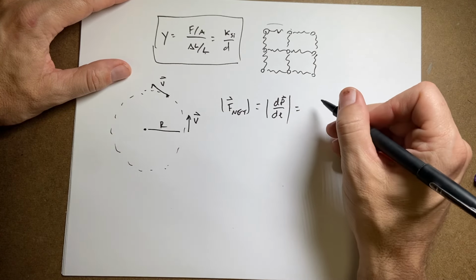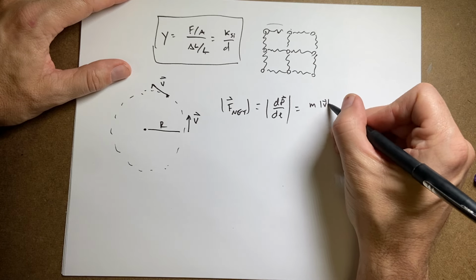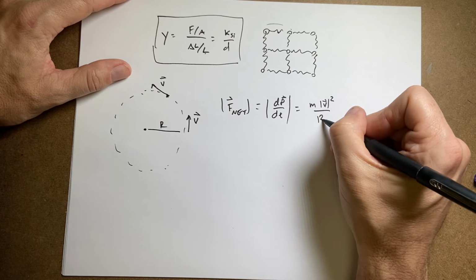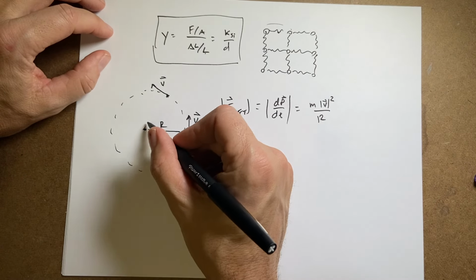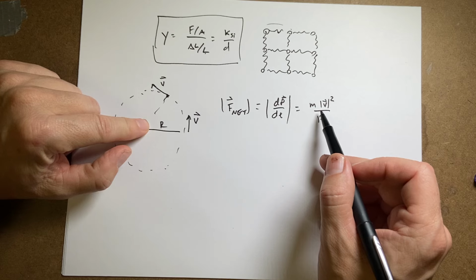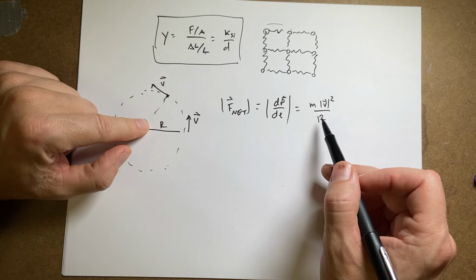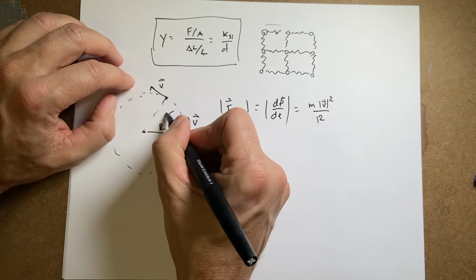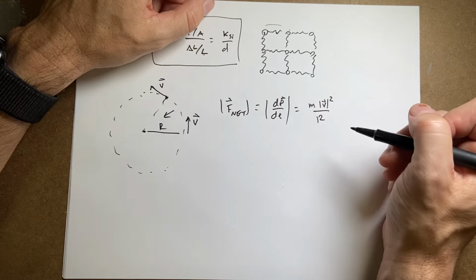But that would be equal to m times the magnitude of v squared over r. I derived this somewhere else, so I don't want to work on it right here. But if an object's moving in a circle, then it has this as the change in momentum, and the direction of that change in momentum would be towards the center of the circle.